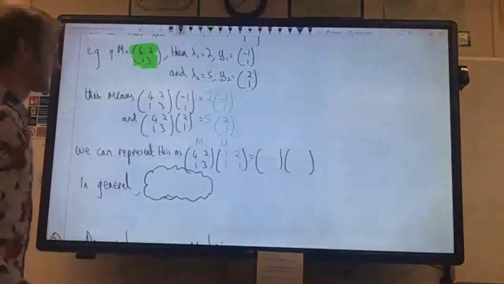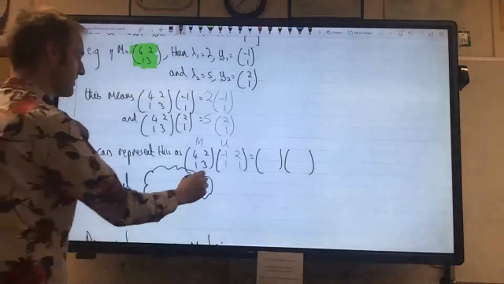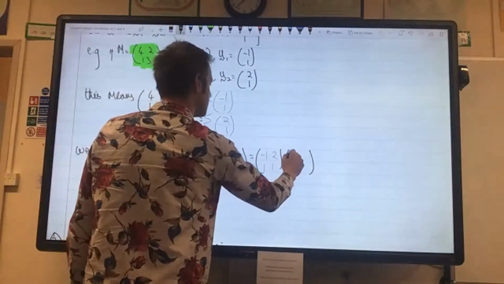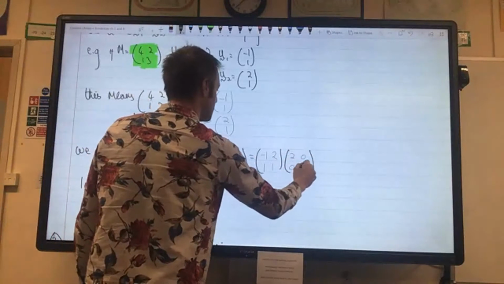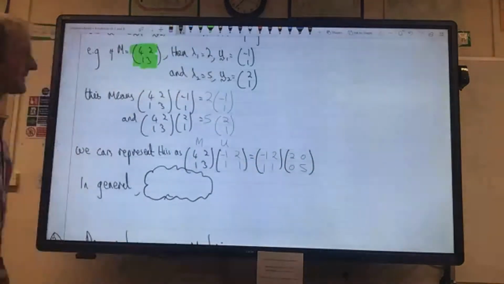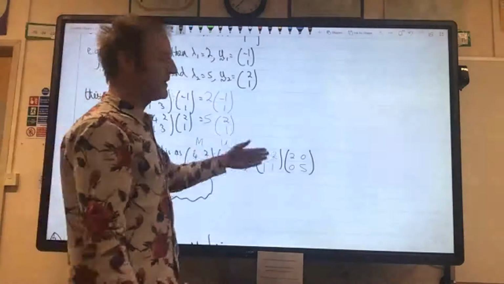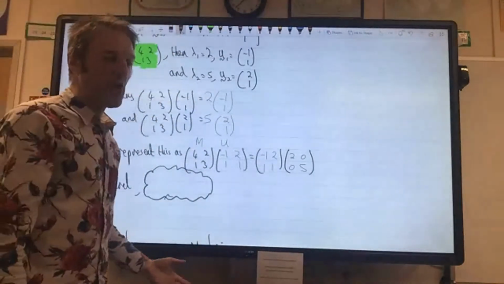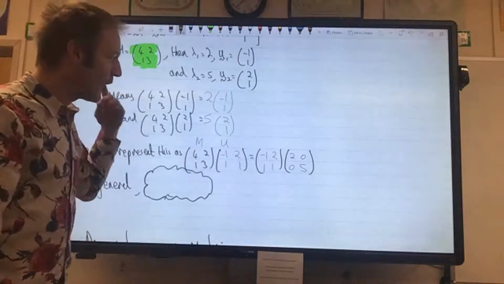Okay. Is it 2, 0, 0, 5? Yeah. Very good. Okay, so have a look at what that does. Remember, we found that if you post-multiply by a diagonal matrix, it has the effect of multiplying the columns.